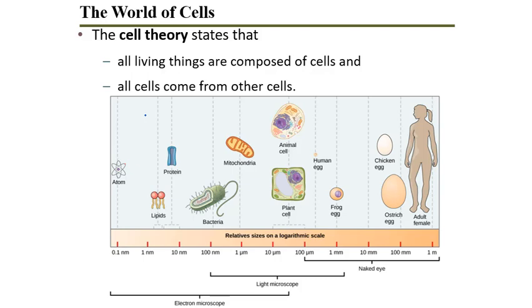Well, we know that all cells come from another cell. And when we explore cell reproduction, we will talk about that. Our goal at this point is not so much to look at cell reproduction, but basically I want to give you an understanding of what cells are.